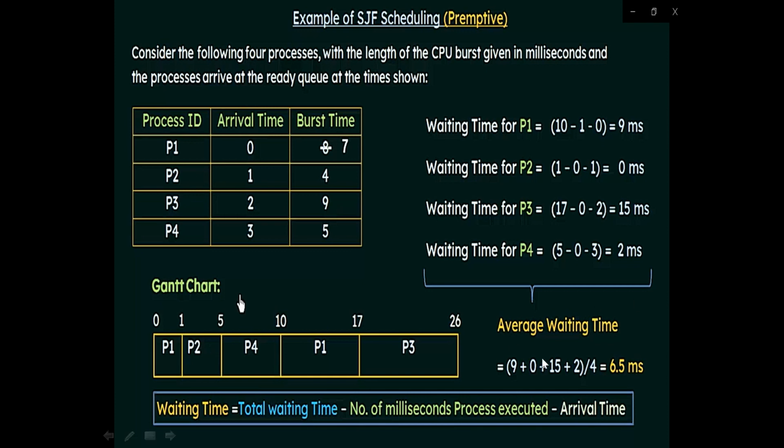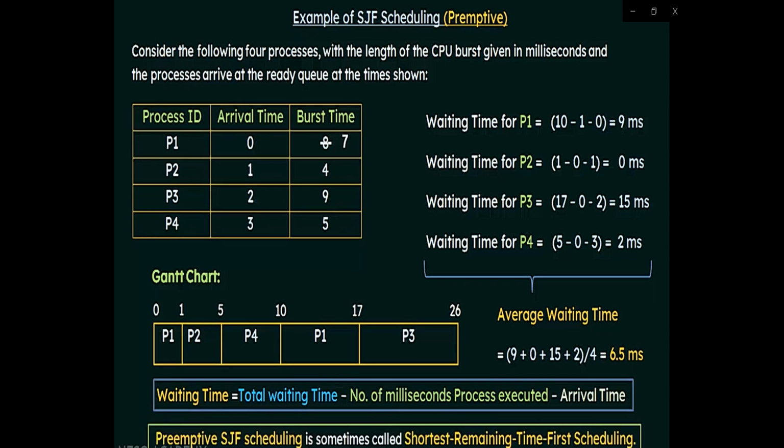Now calculate the average waiting time using the same approach, summing up all these terms and dividing by the total number of processes, that is 4. So the average waiting time is 6.5 milliseconds.